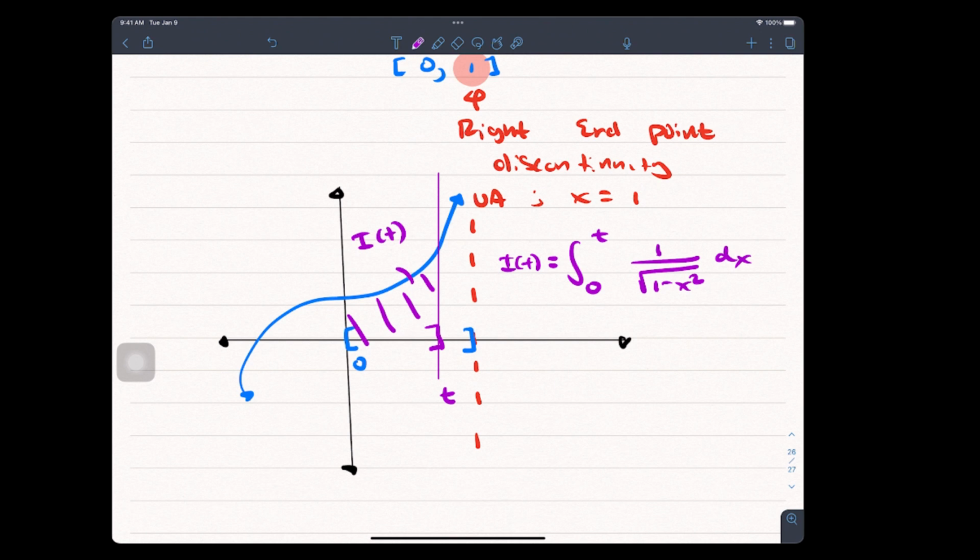But once you get that answer, what are you going to do with the limit part? You're going to let t go to 1, not from the right, from the left, and you want to see where I of t goes.